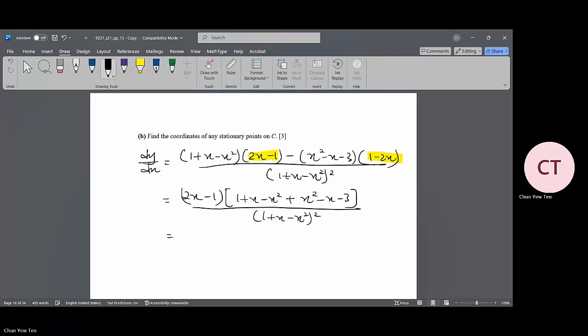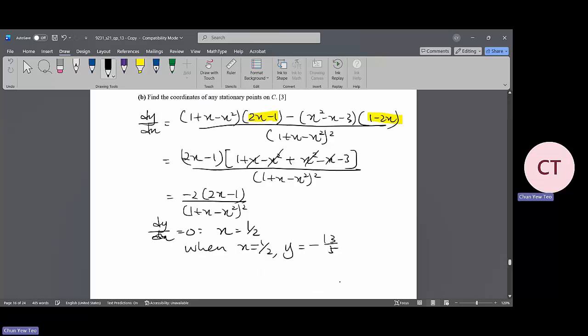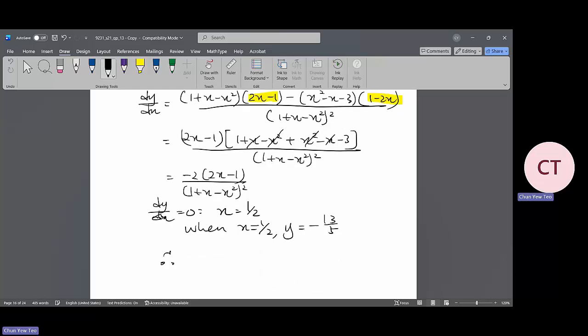Simplify it, cancel, cancel, then you get this as -2. dy/dx equal to 0. That means your x is a half. And when x is equal to half, what is your y? Just use your calculator, you get y is -13/5. So you found the stationary point, only one.